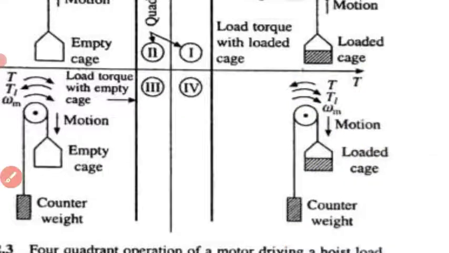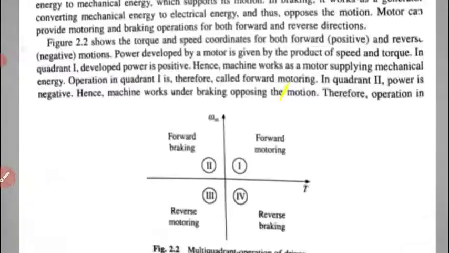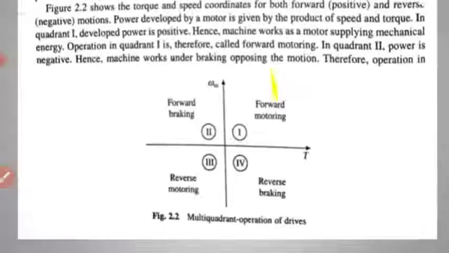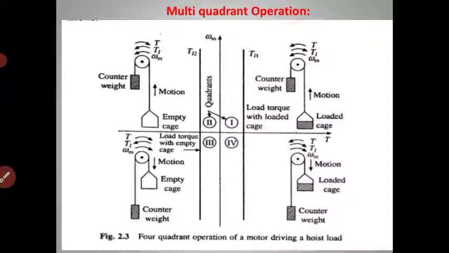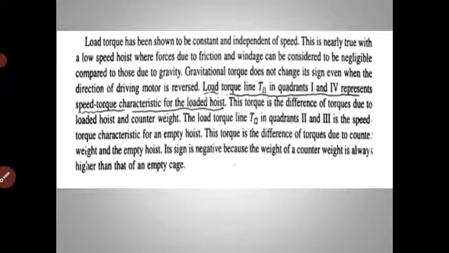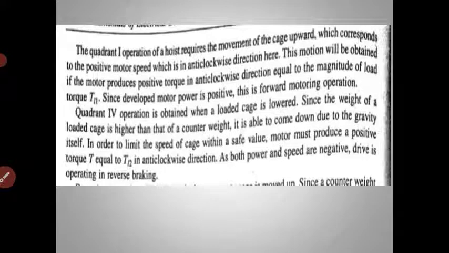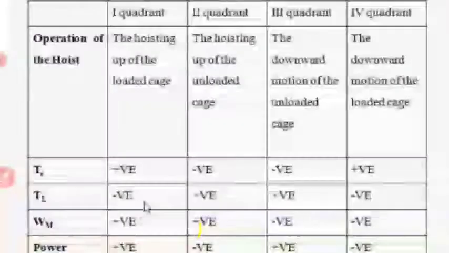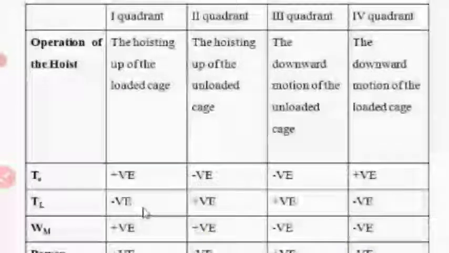Fourth quadrant operation is nothing but reverse braking, as I discussed here. I made one slide with direction notations so that you can easily understand. Here you can see when the torque becomes positive.